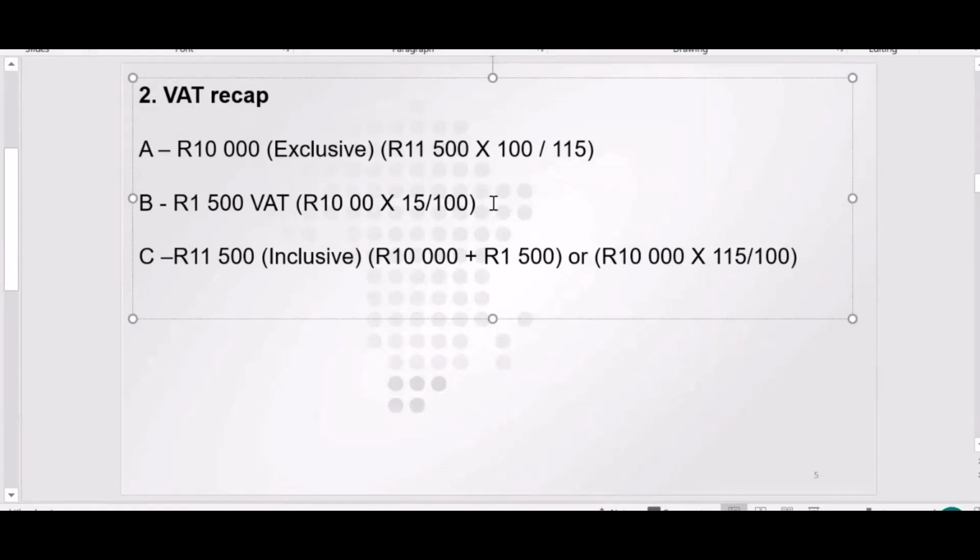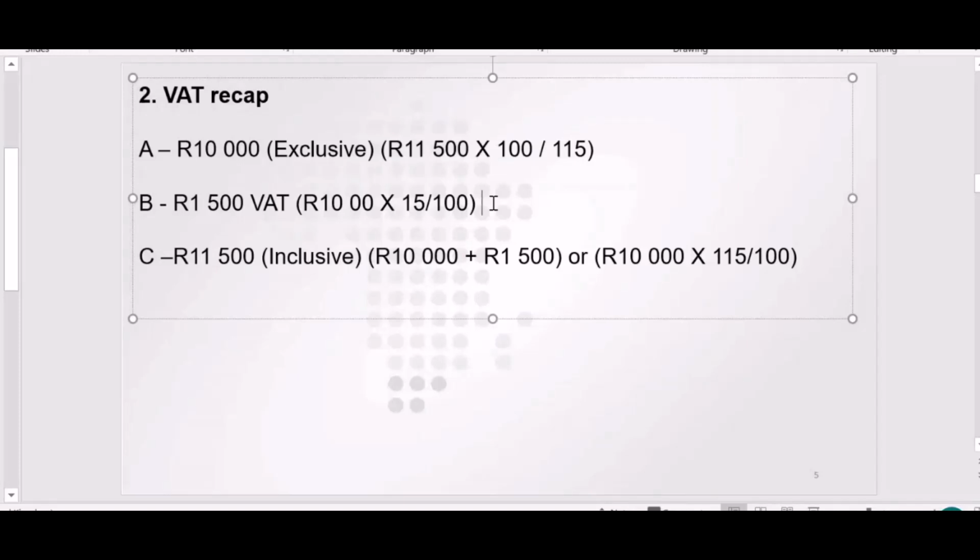Let's just start slowly. So you will take 11,500, divided by 115. It gives you 100. Multiply the 100 by 15.